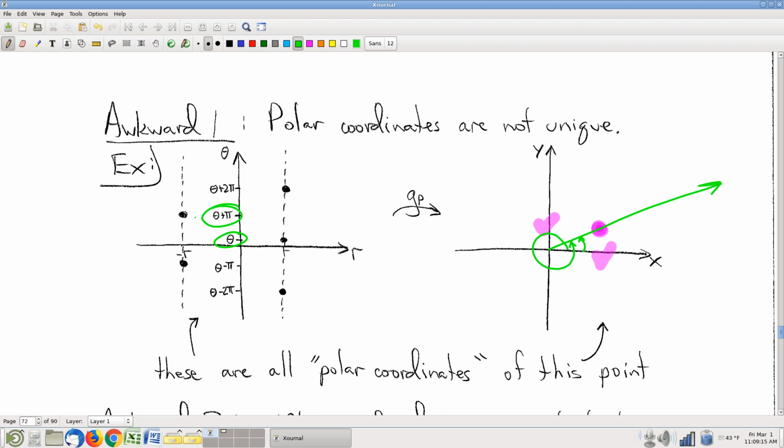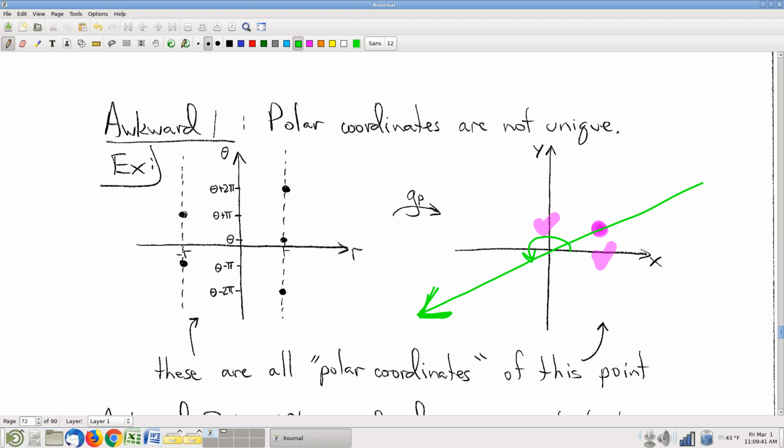Right? So, which one is the theta? What is the polar coordinate? Well, there is no canonical answer to that. There's a bunch of different thetas. Polar coordinates are not unique. Awkwardly, you can also go the other way. So, for example, I can think of that as that direction.